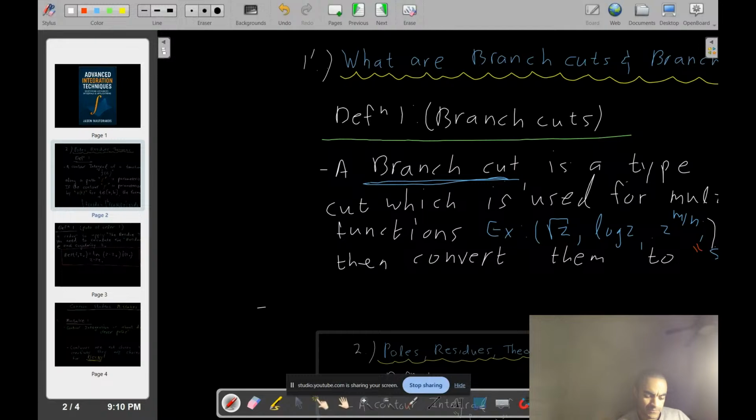One second. I had it here. It was really good what they had for the explanation of a branch point. So we're going to look at a branch point.